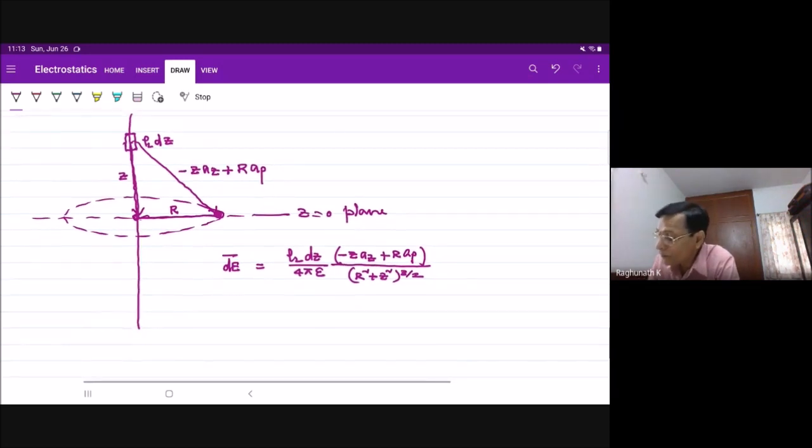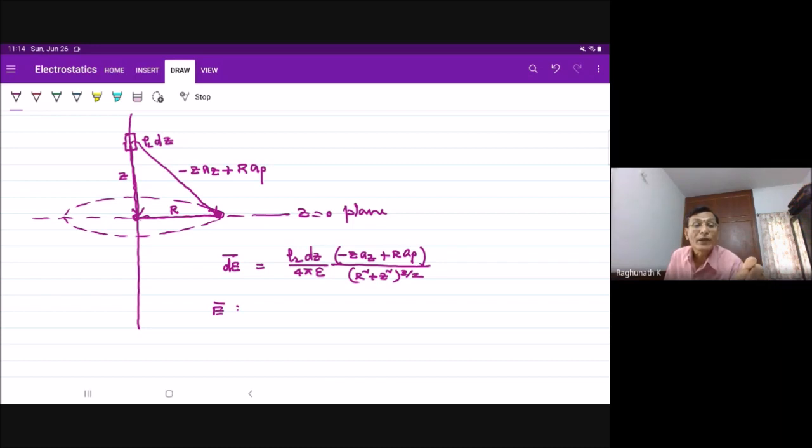Here also E bar is equal to, there are two integrals, in which z by (r square plus z square) is an odd function of z. Because the line charge is going from minus infinity to plus infinity, I need to evaluate only the radial component. Because of which E bar is what?